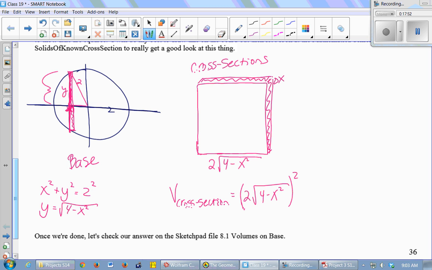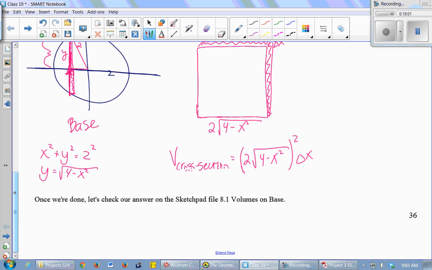Side length of a square squared gives you the area, and then the delta x. Which I could simplify to be 4 times 4 minus x squared. Square the 2 out front, and when you square, the radical goes away, and you end up with 16 minus 4x squared.